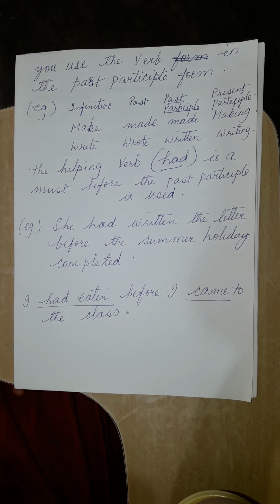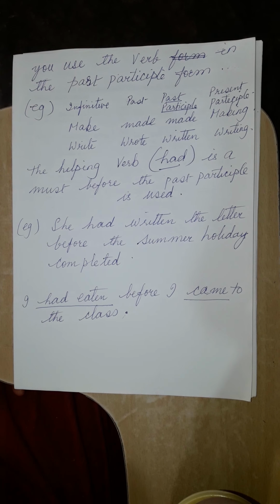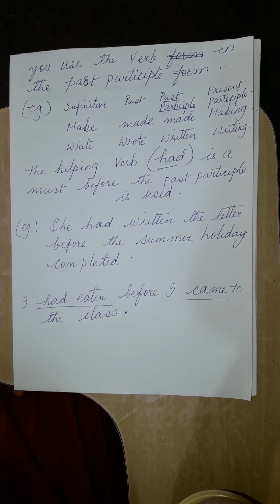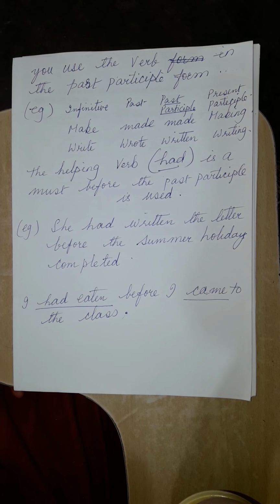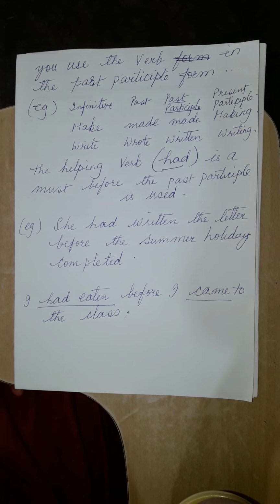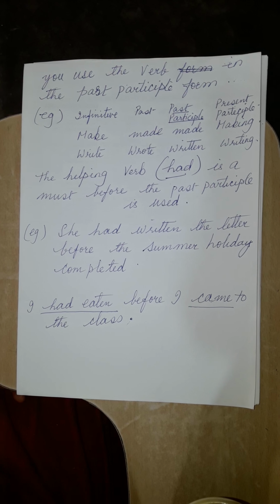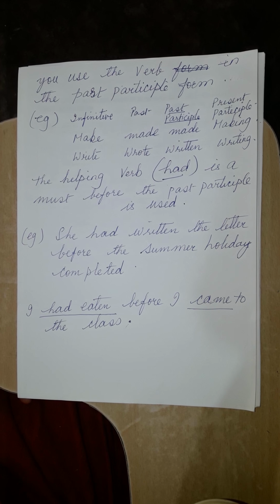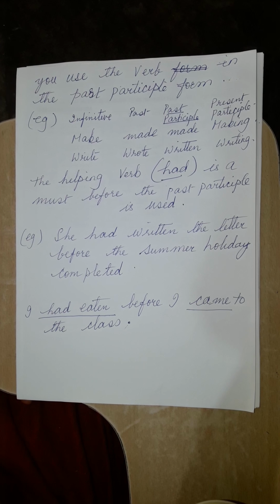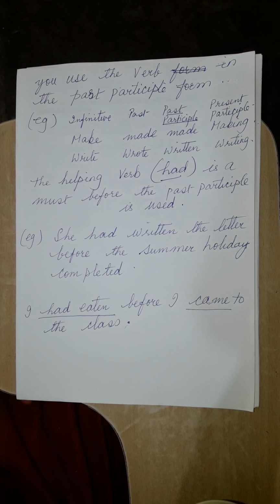For example, we have different forms of verbs: the infinitive, which is the beginning, the first one, the base form; the simple past; then the past participle and the present participle. Present participle is used with an ing form. Past participle is used with a simple ed or with an irregular verb like wrote or written.